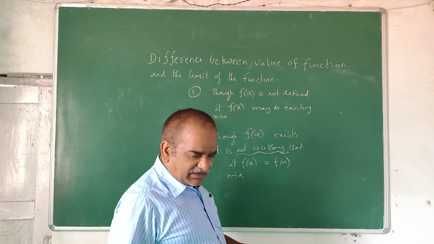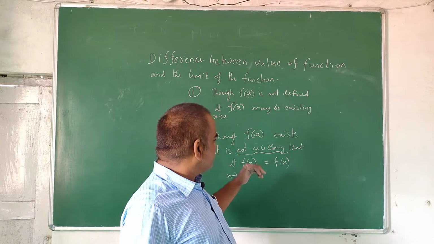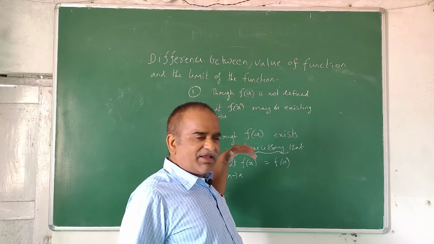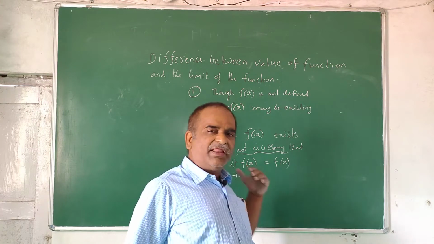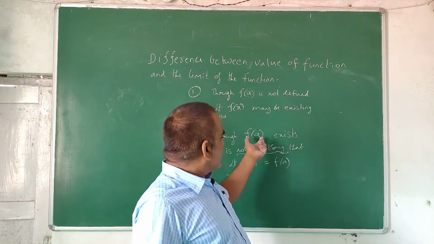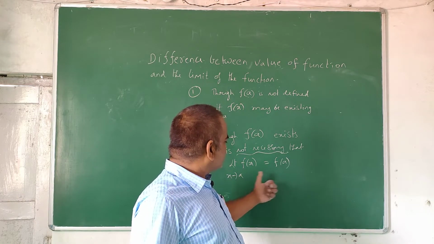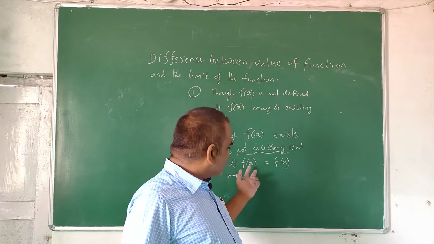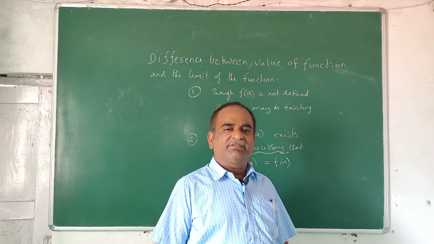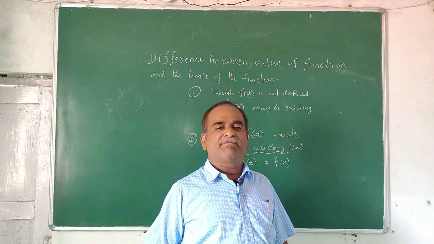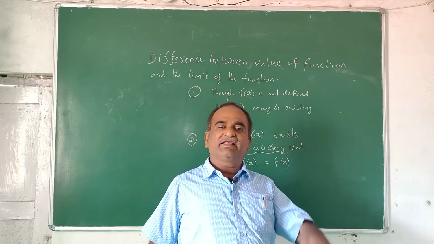The second important point is, sometimes you may see f of a defined. Though f of a is defined, there is no compulsion that the value of the function at a and the limit of the function at a should be the same. Not necessary that they are equal. Maybe equal sometimes, but it is not a compulsory condition.